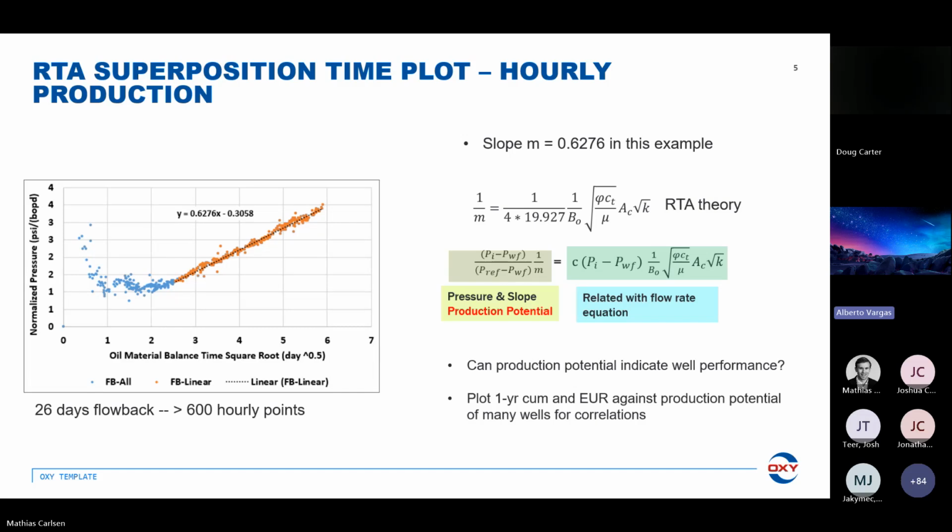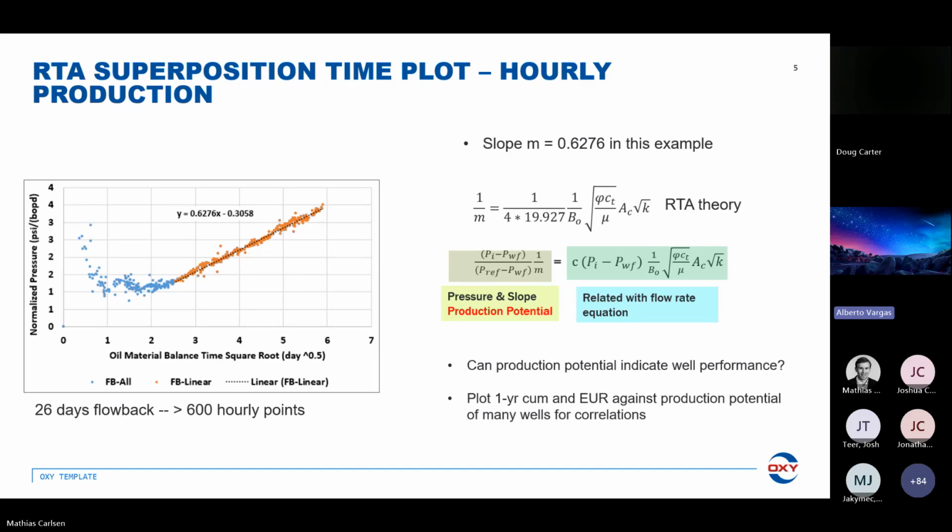From this slope m, if we invert this m, it includes all these parameters and the reservoir fluid and the fracture surface. And then if you adjust this by applying the drawdown, actually normalized drawdown because I don't want a very big number, you can get this term, which is the same as the flow equation.